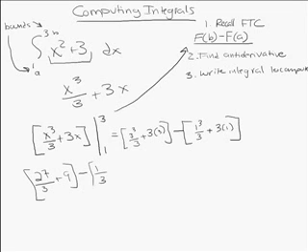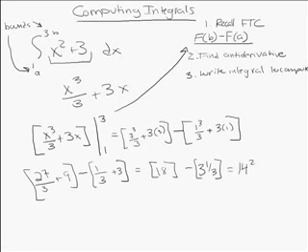And we'll simplify this up real quick, and this equals 18 minus 3 and 1/3. And subtracting these out, we get 14 and 2/3.